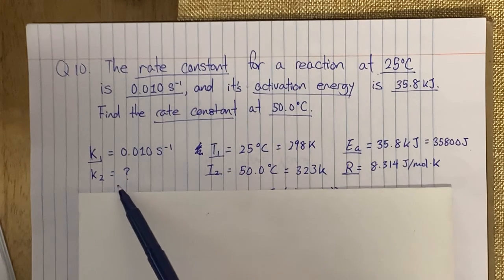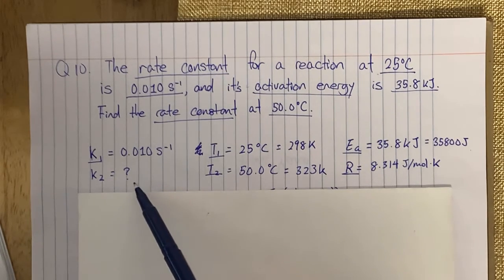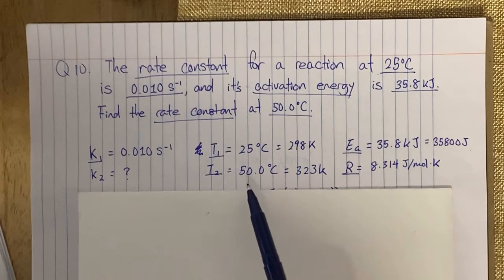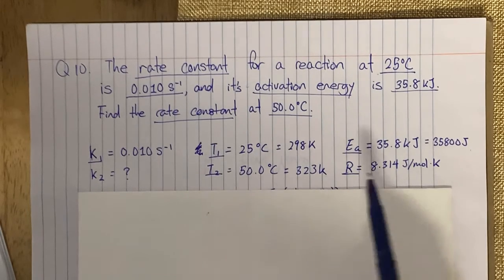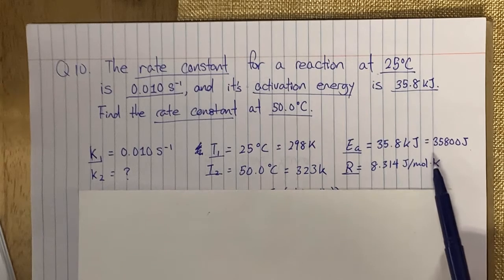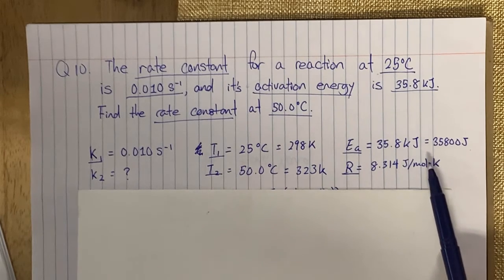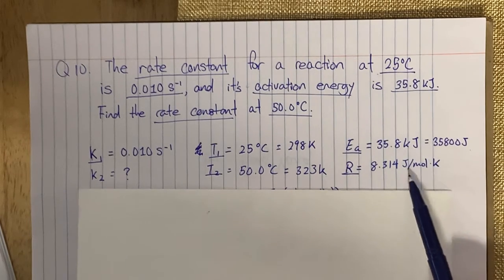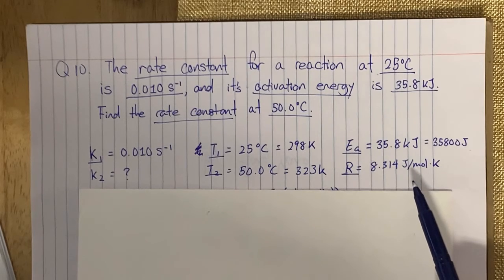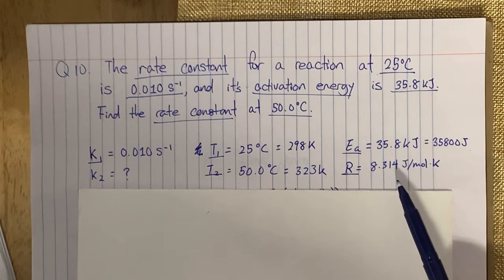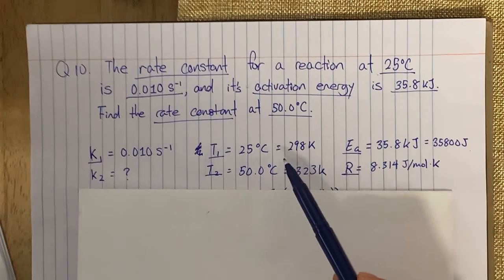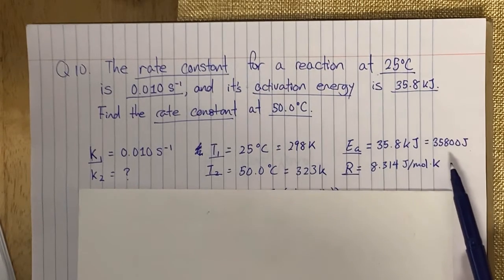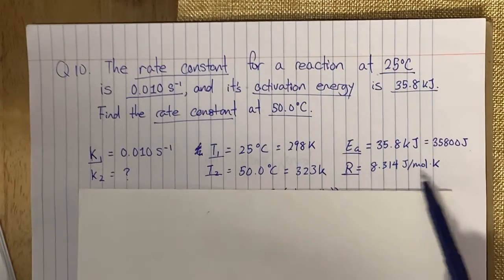We want to find K2 after the reaction temperature increases to 50 degrees Celsius. The activation energy for the reaction is 35.8 kilojoules, and our gas constant is 8.314 joules per mole K. It's important to convert our temperature to Kelvin and energy to joules to cancel out the units in the gas constant.